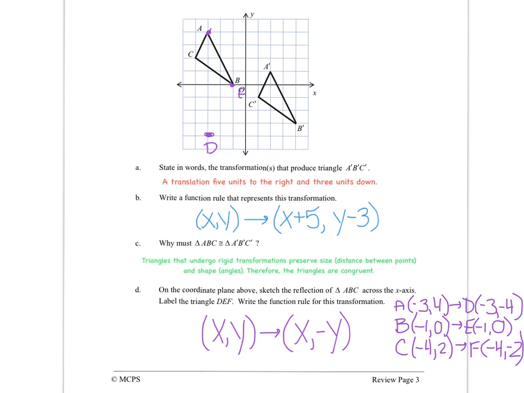So we can see that C is going to be moving across the x-axis to (-4, -2). And that's going to be point F. And therefore, we can connect our points, and we have triangle DEF.